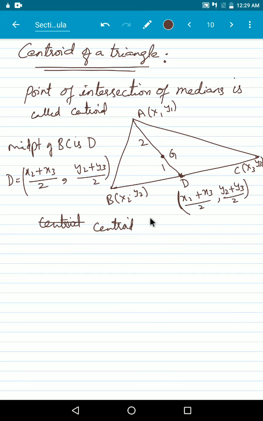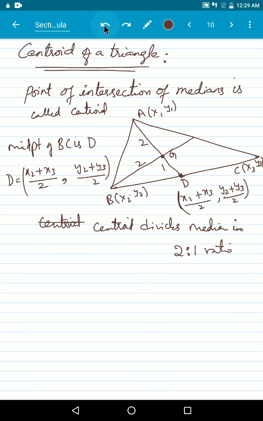Centroid divides median in 2:1 ratio. Okay, so this is two parts, this is one part. Now if we draw a median here, this will be two parts, this will be one part. Wherever the midpoint is, closer to that will be 1. So midpoint is here, this is 1, so this is 2. Okay, so 2:1, like this.